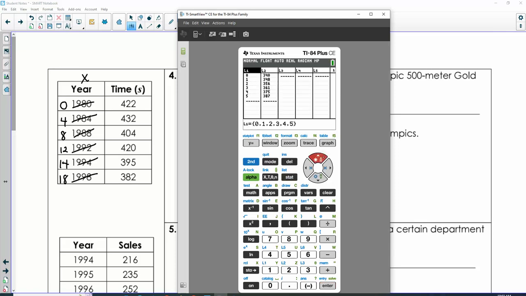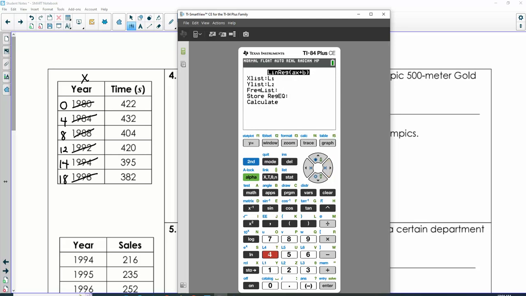Stat, edit, clear what's there. Stat, calculate, linear regression.